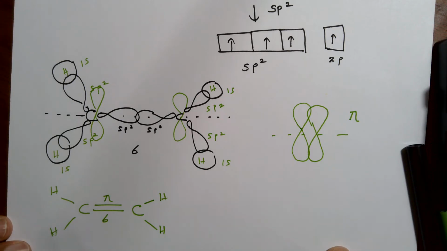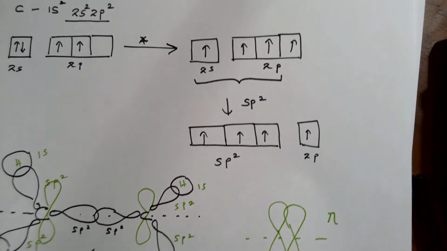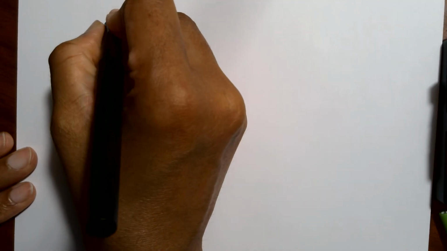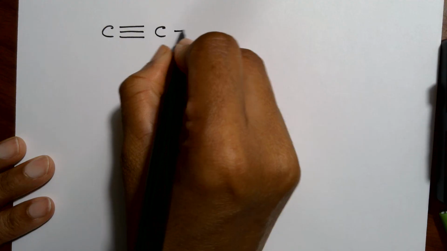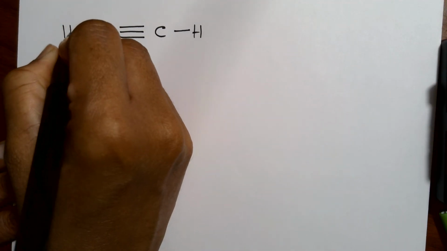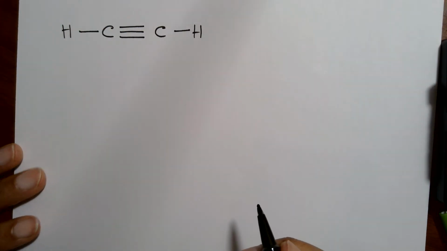The same way we can discuss acetylene molecule hybridization. Let's see what acetylene is. Acetylene is C≡C, a triple bond between carbon and carbon, and then one hydrogen attached to each carbon.